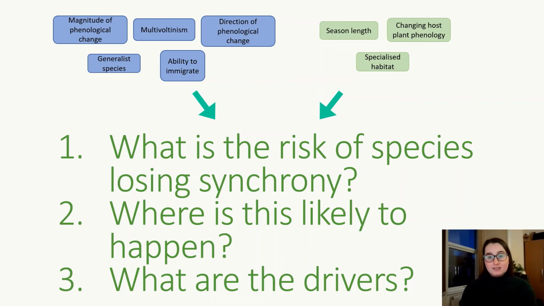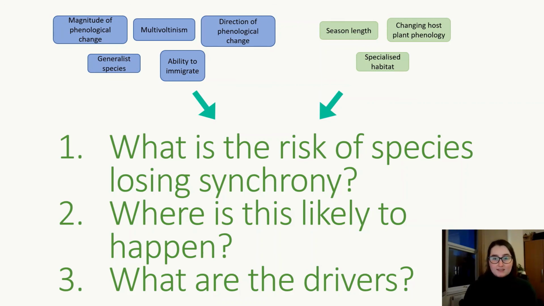Several studies have found this already, but what is the risk of multiple species losing synchrony with their food plants? Like the winter moth and the oak tree: the winter moth is now appearing not in sync with when the oak leaves are coming out, and this is impacting species. So how many species are undergoing this loss of synchrony, and how widespread is it going to be?